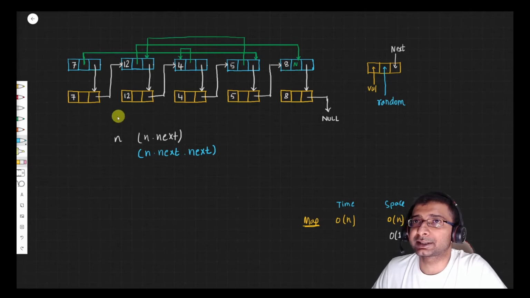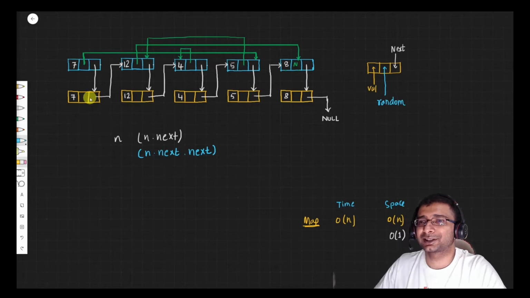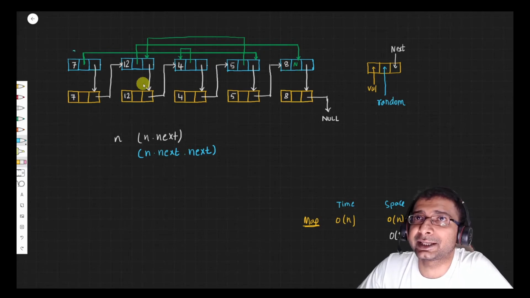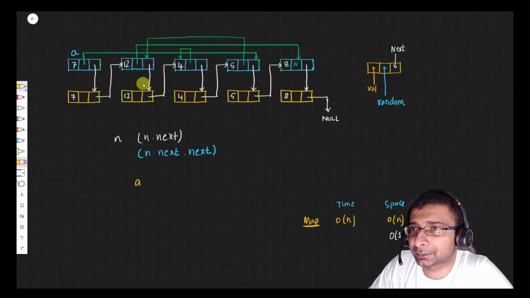Once the list is in this state, I can make a jump from the first node's random pointer and come to this node, right? And I know this node's next node is the random node for this node's next node, right? A little complicated, just try to understand. So let's say this is denoted by A. What is A's next?